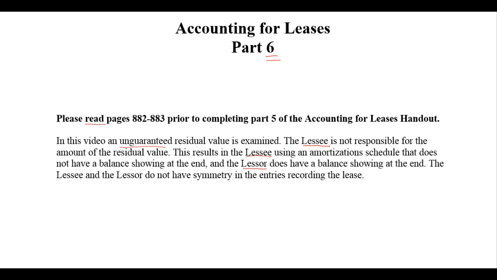Because of this, the lessee and the lessor do not have symmetry in the entries for recording the lease. Up to this point, we've used the same amortization schedule, had the same receivables and payables, but at this point, that tie is going to go away. Let's get started.